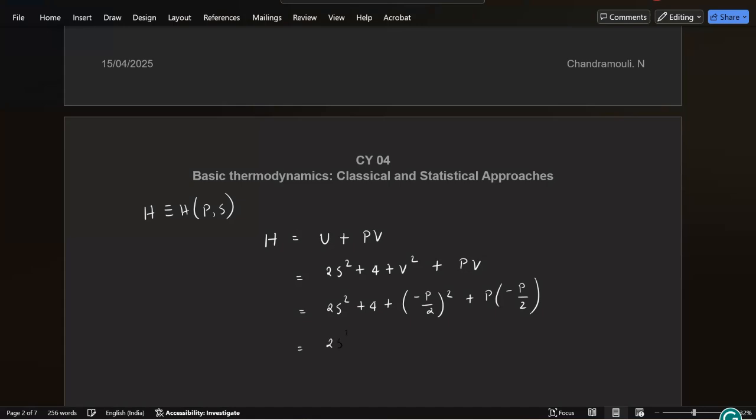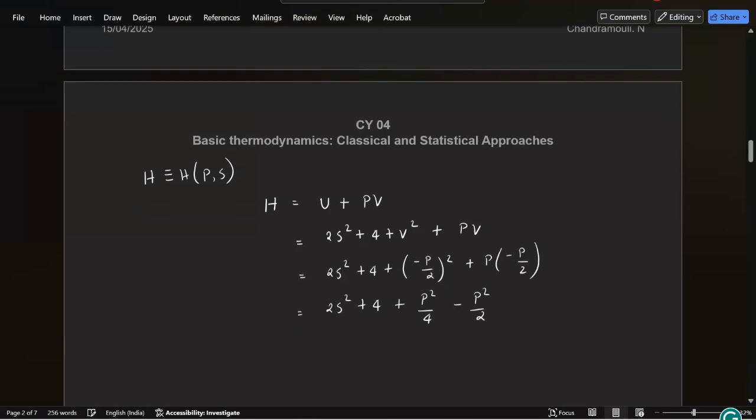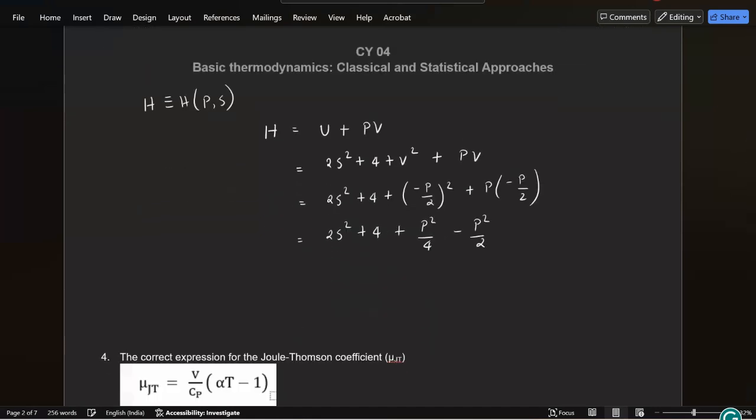Let's just do this. Square by 4 minus P square by 2. So finally, enthalpy in terms of P and S equals 2S square plus 4 minus P square by 4. So this is the final formula for you. Okay.